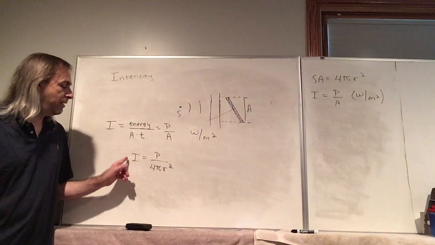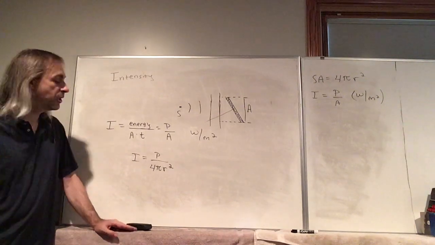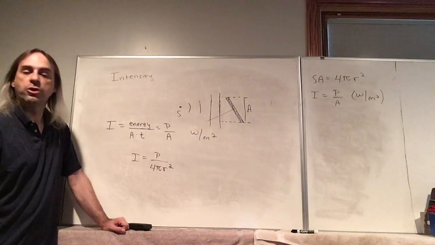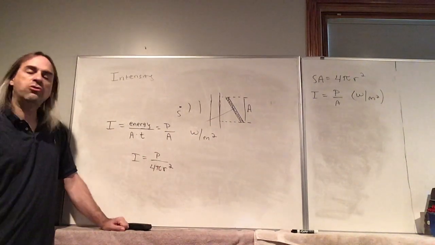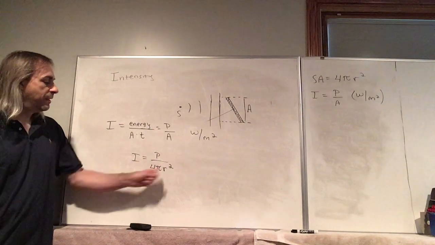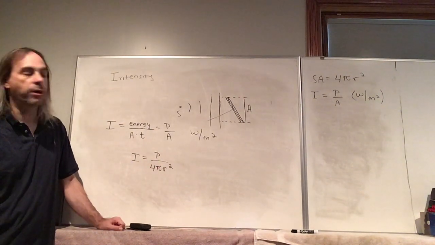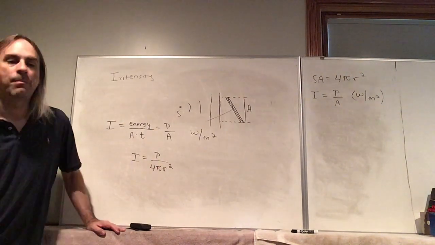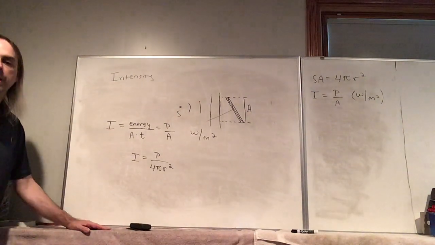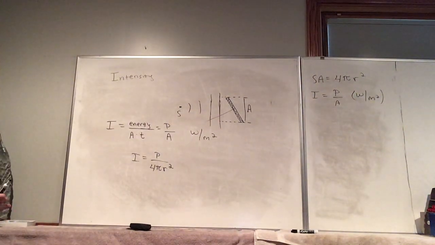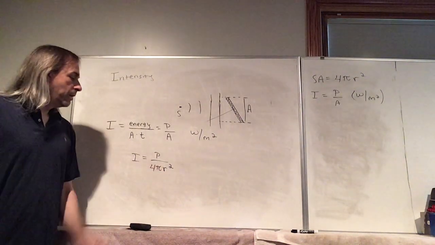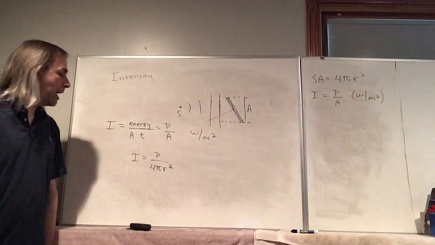The relation between the intensity and the distance from the source is described by an inverse square law. Say we have a constant power. If you go twice as far away from the source, the intensity goes down by a factor of 4. And that's generally a property of spherically symmetric sources, like gravity, inverse square law. Twice as far away, the intensity goes down by a factor of 4, or in the case of gravity, the force. If you're 3 times as far away, the intensity would go down by a factor of 3 squared, or 9.